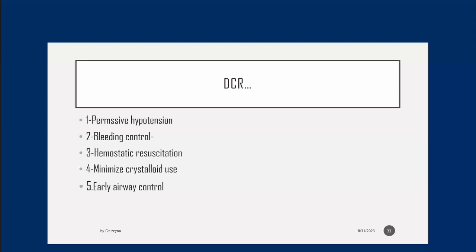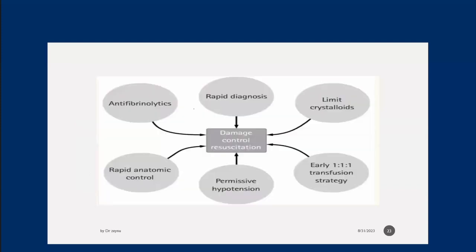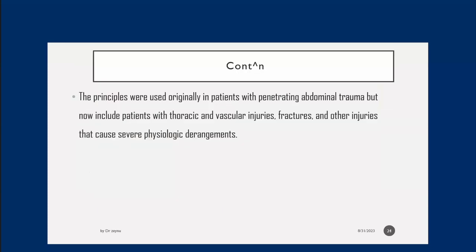Crystalloids have a lot of adverse effects, including acidosis and AKI. They also expand the intravascular space and pop off the clot, and it may worsen the bleeding. And another is early airway control, which is also under the damage control resuscitation principle. So those are what we discussed.